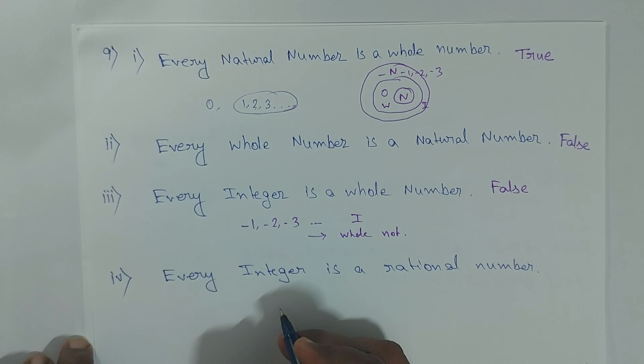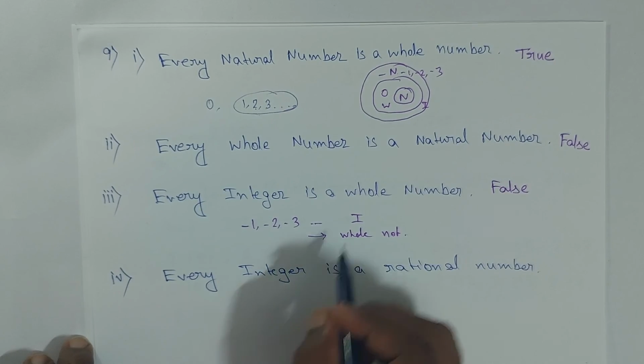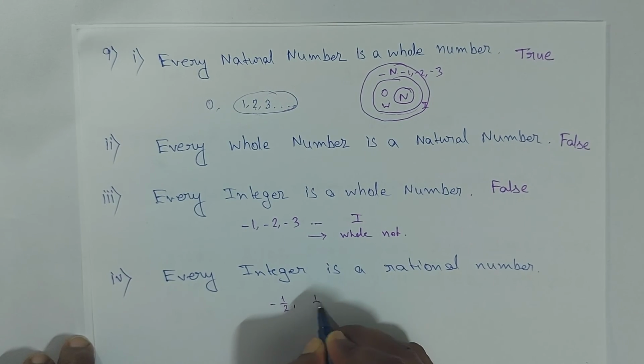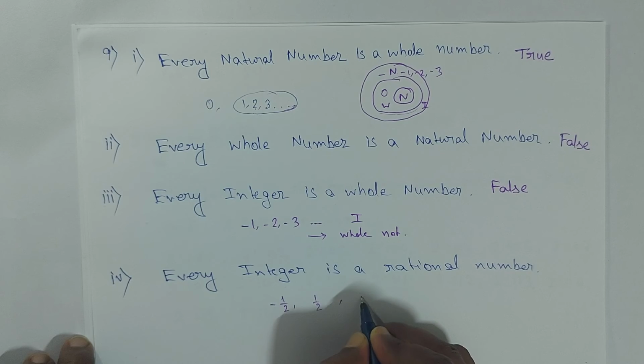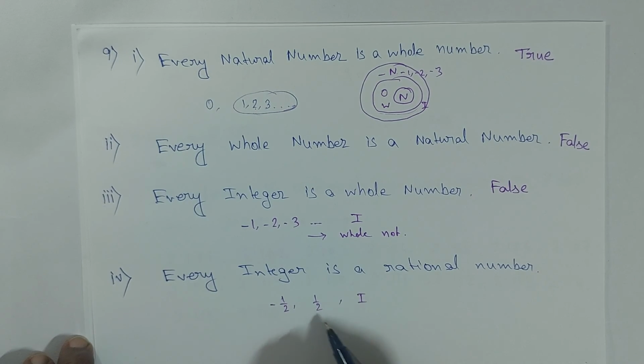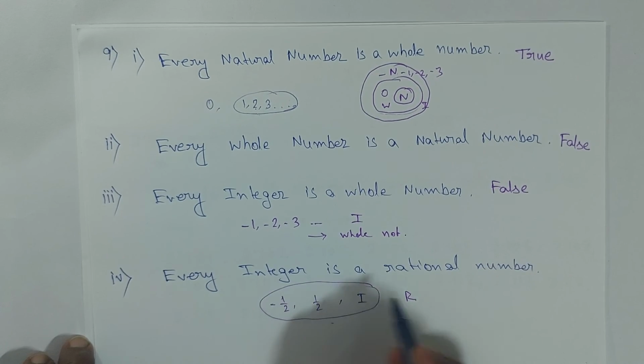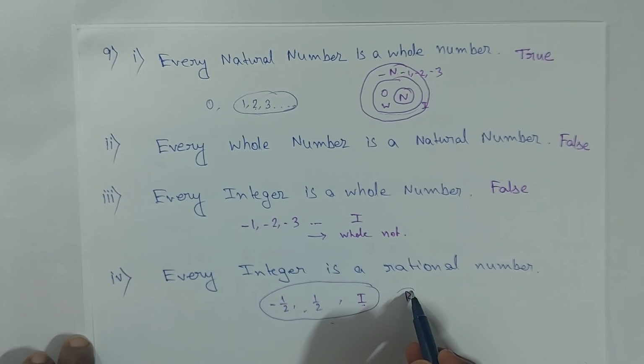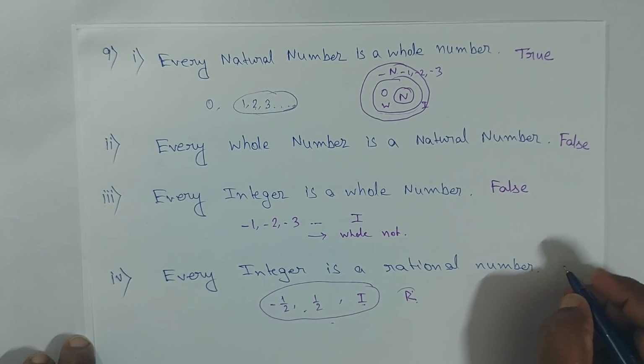All the integers, the group of integers together with the fractions, make the group of rational numbers. That means every integer comes under the group of rational numbers. So this is true.